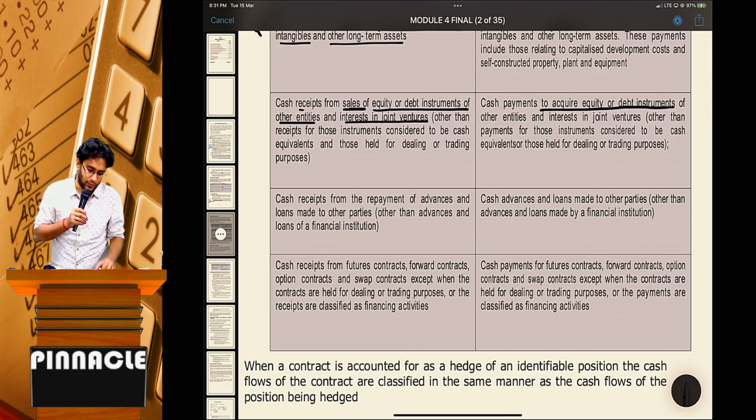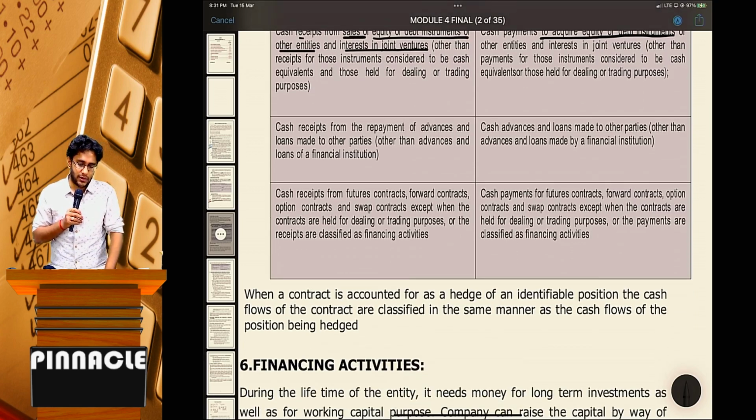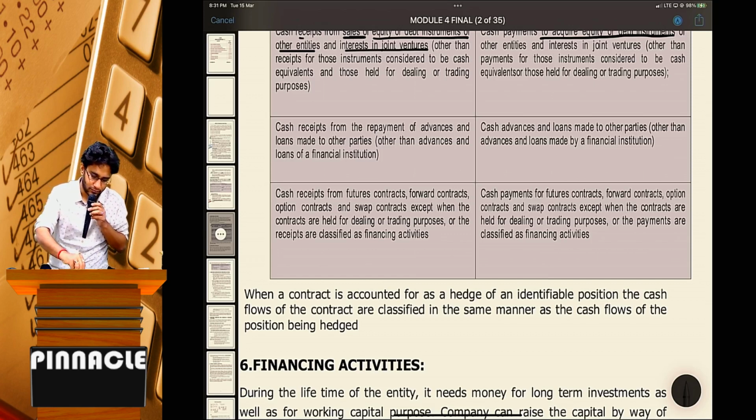Last point is an interesting one. Sir, you entered into derivative contracts, sir, that is, options, futures, swaps, you enter somewhere. From these contracts you are getting some cash inflow or you might be paying some cash outflows. Normally, derivative transactions are treated as investing only, unless clearly you have held them for the purpose of dealing or trading.